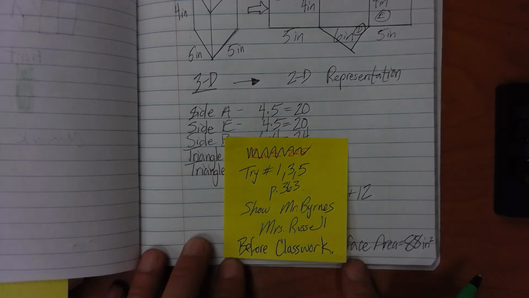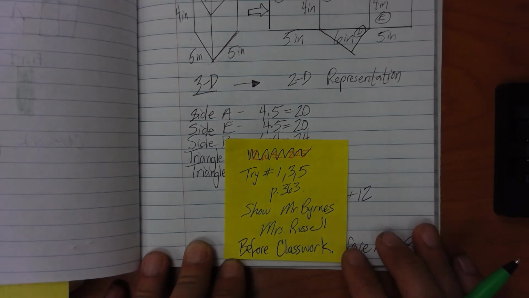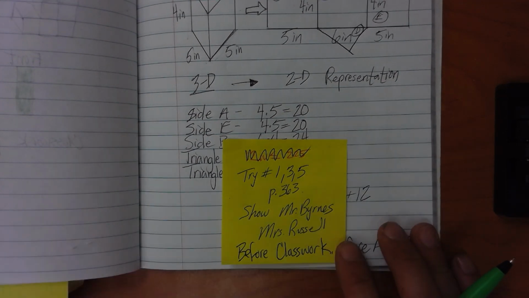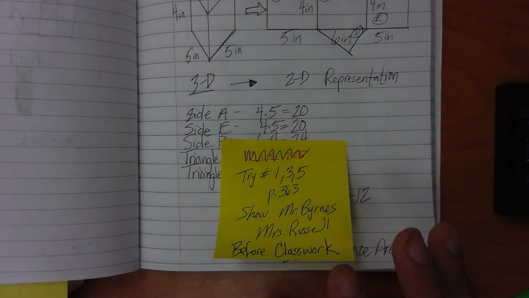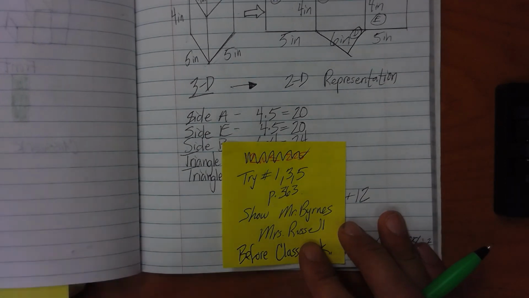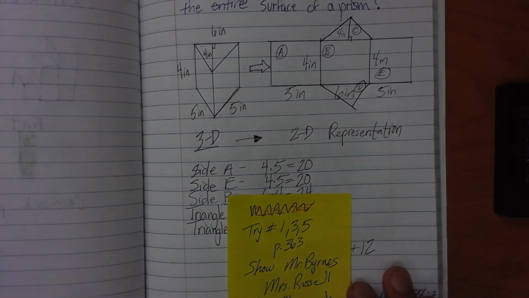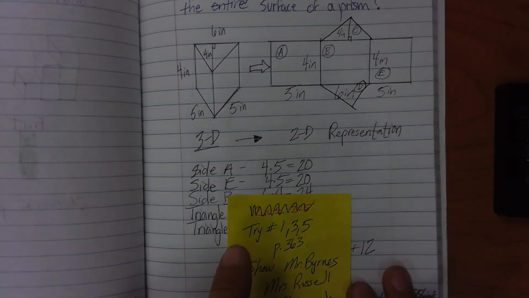And then I will give you your classwork assignment. So that is surface area of prisms. I used a triangular prism. Rewind and go back if you need to. Double check. Make sure you can do these three problems.